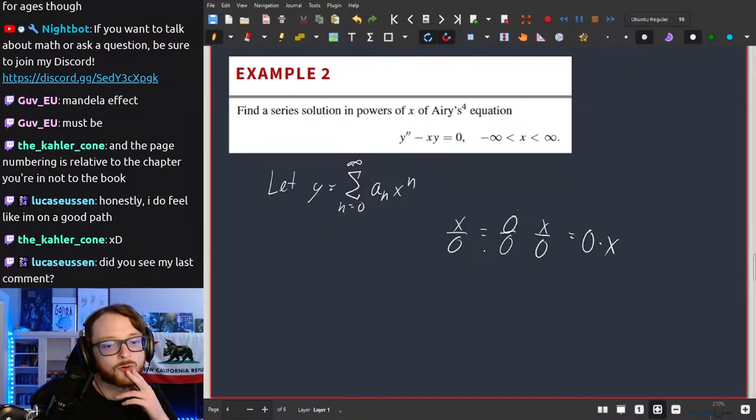Are you saying that 0 over 0 equals 0 now? Like, this 0 comes from that 0 over 0?